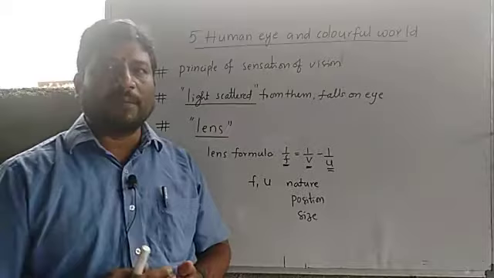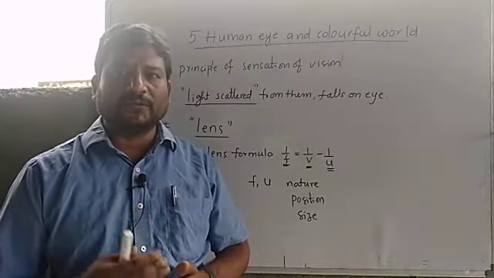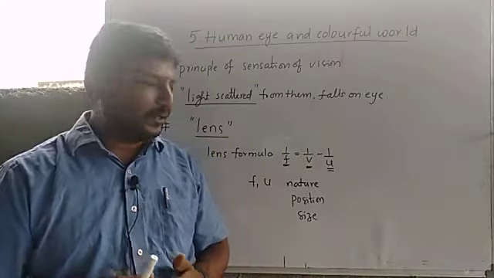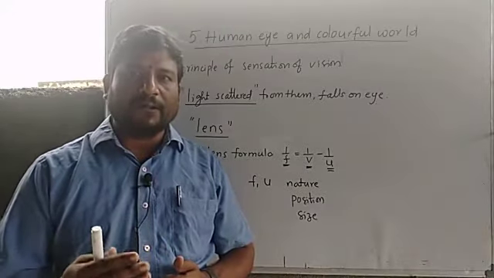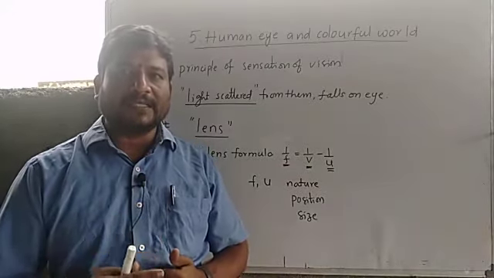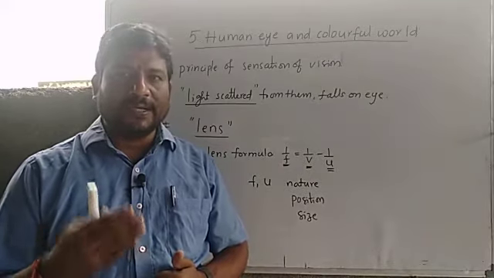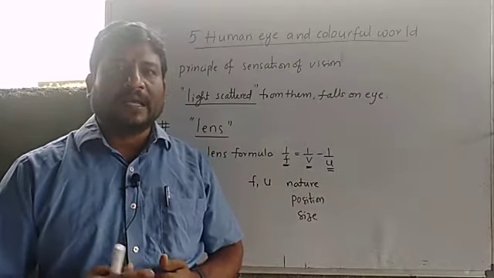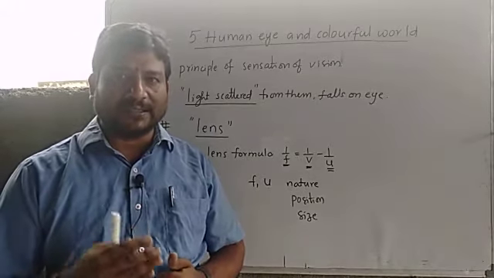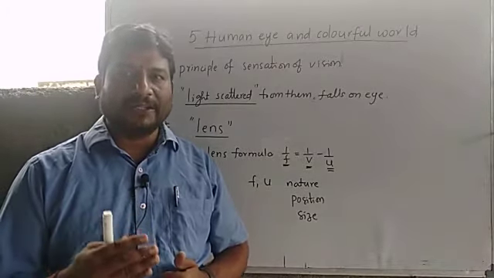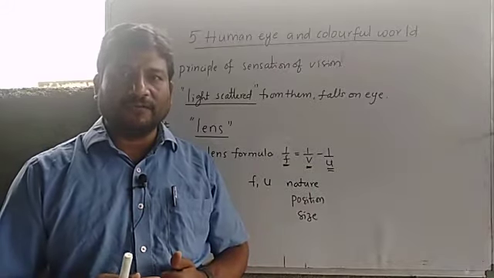We know the lens formula 1 by f equals to 1 by v minus 1 by u. Here f indicates focal length of lens, v indicates image distance, u indicates object distance, and the focal length and object distance are the factors which determine the nature, position and size of image.